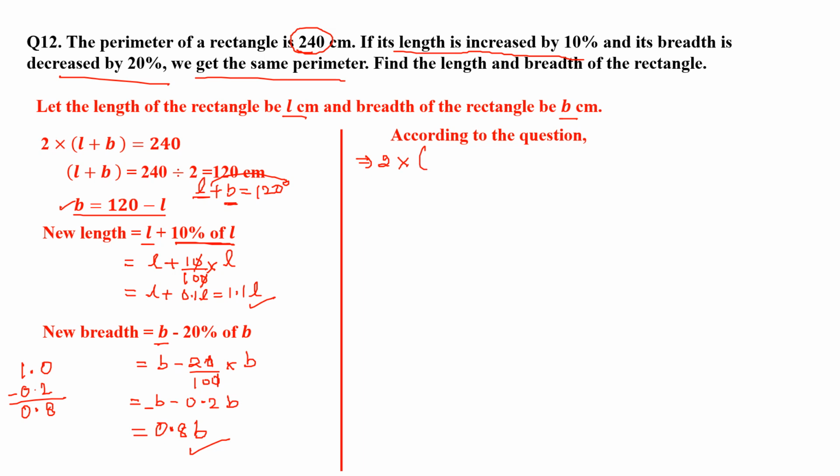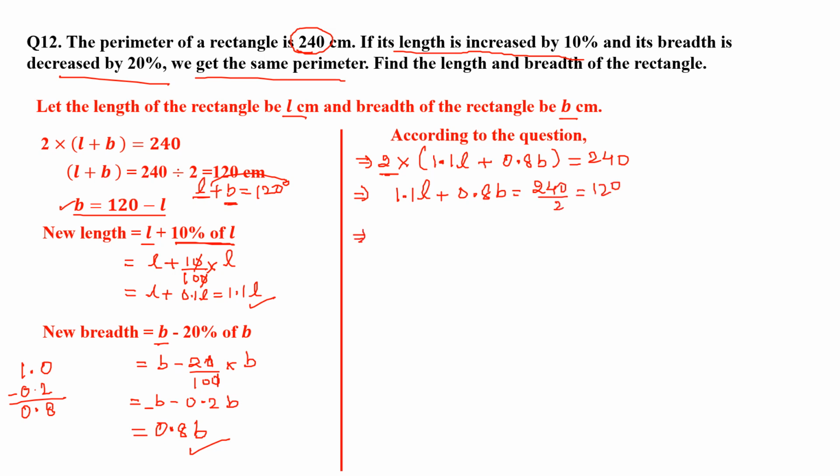Now you will take the new length, which is 1.1 L, plus new breadth, which is 0.8 B, which is equal to 240. Now transpose this 2 to the other side. So it will be 1.1 L plus 0.8 B equal to 240 divided by 2, which will give you 120.